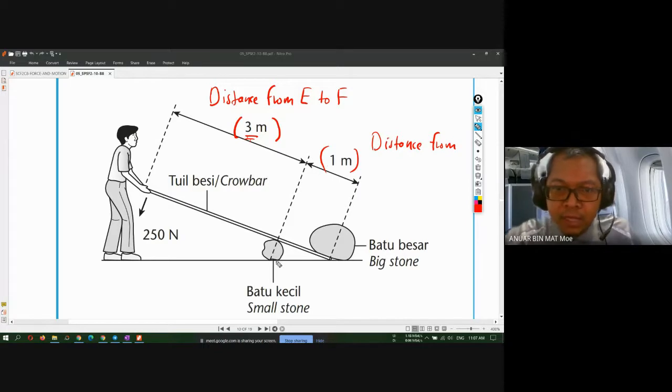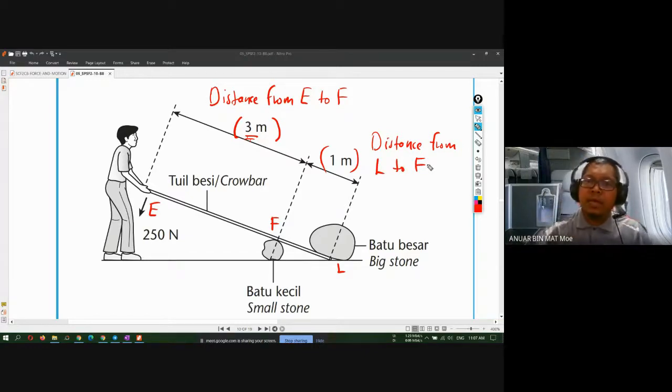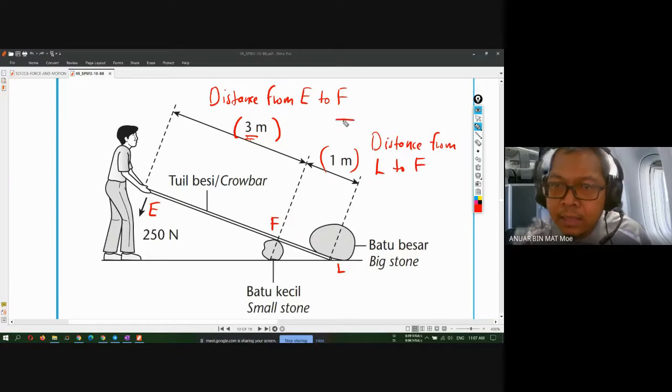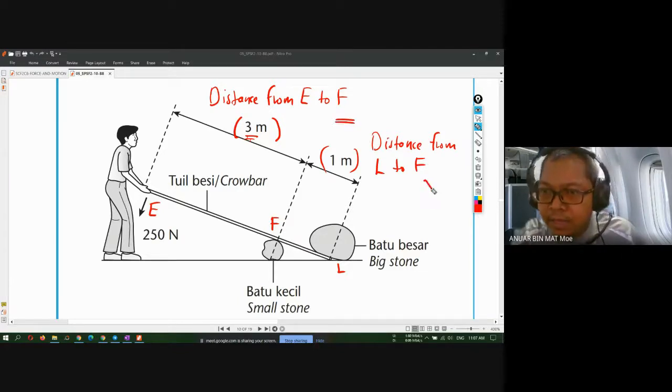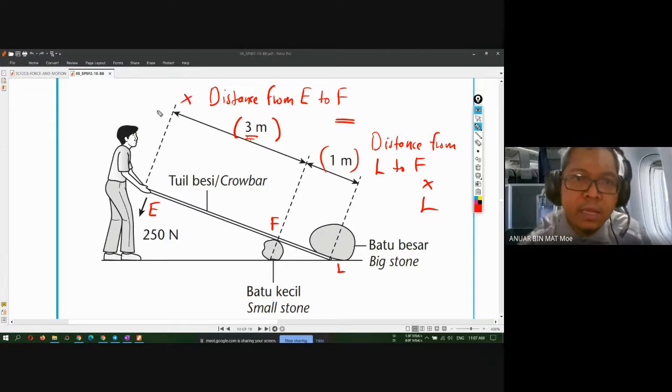So you identify the parts first. This is effort, this is the fulcrum, and this is the load. So the 1 meter here is the distance from the load to the fulcrum. Then the distance times the load equals the distance times the effort.